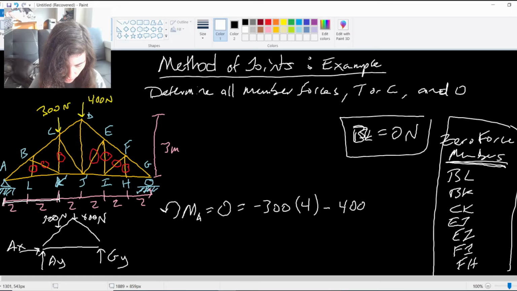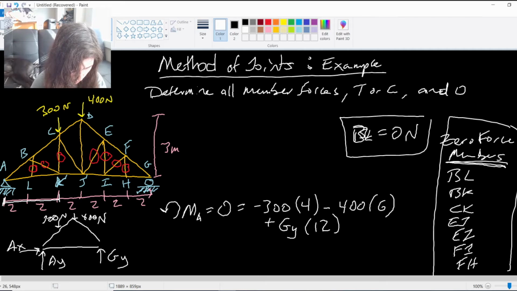Moving to the 400, again negative, going clockwise, now 6 meters away, plus Gy, which is 12 meters, this total distance 12 meters from point A. And it would be pointed up as I've drawn it, so going in the counterclockwise direction.